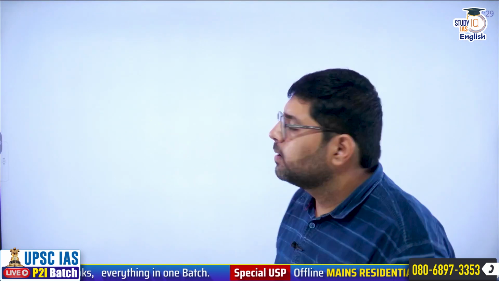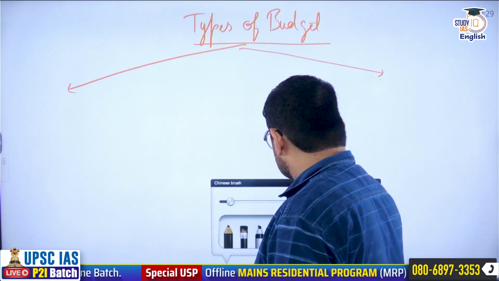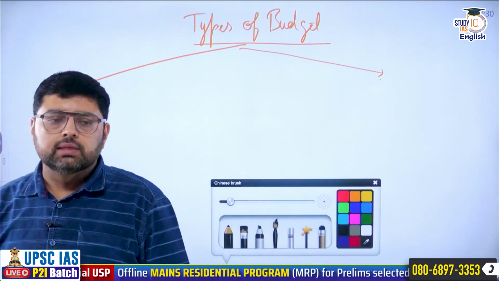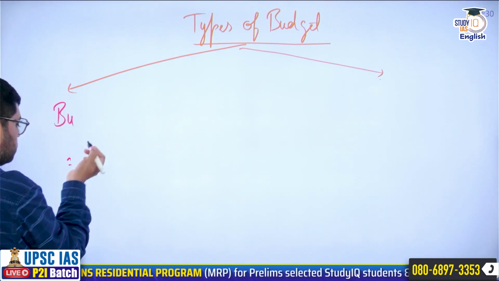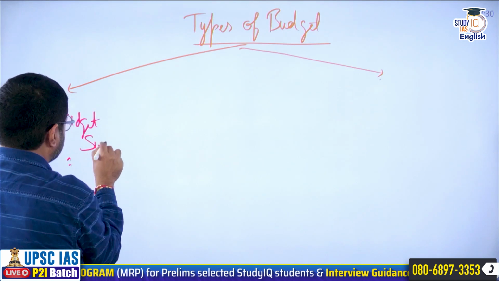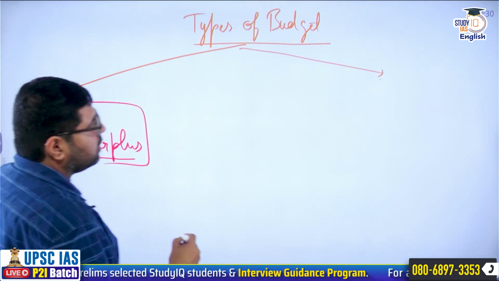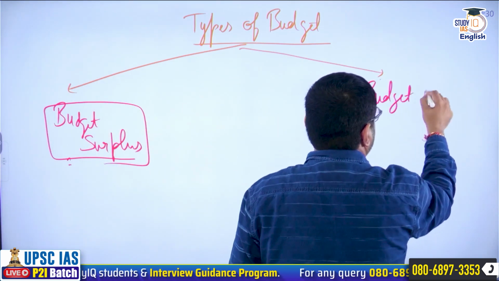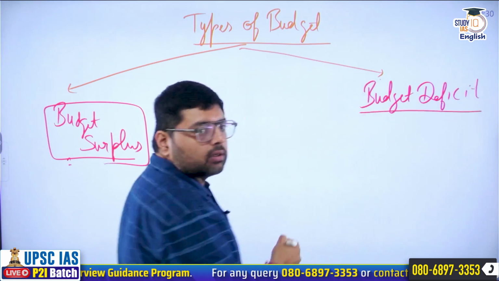Moving further, if I talk about types of budget, there are two types. One is budget surplus and another is budget deficit.